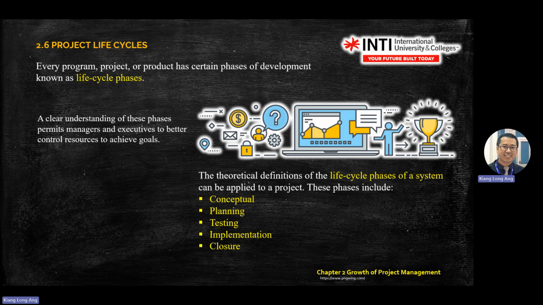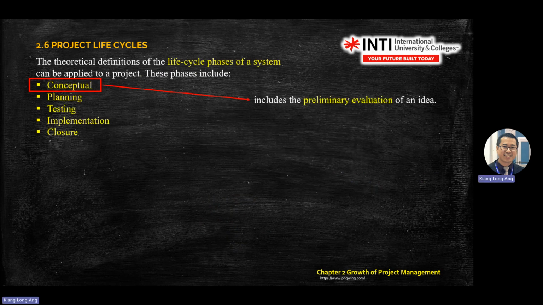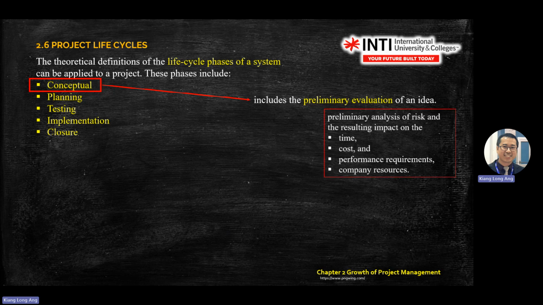the project management. So conception means you do early evaluation. This can also apply to FYP 1 or FYP 2. You start with the concept, you start with the evaluation, you get some information, right? So you do some early analysis.